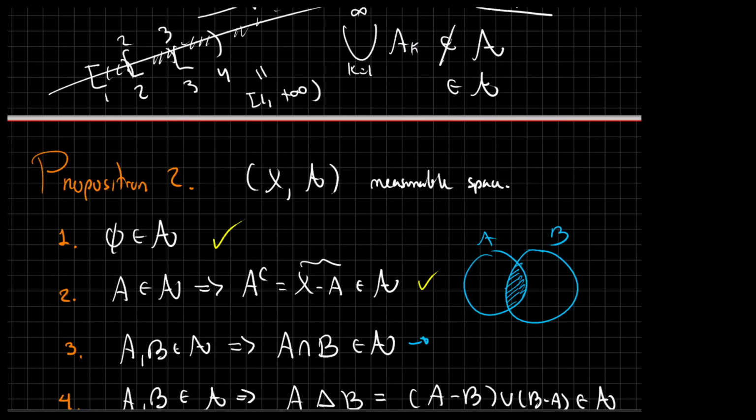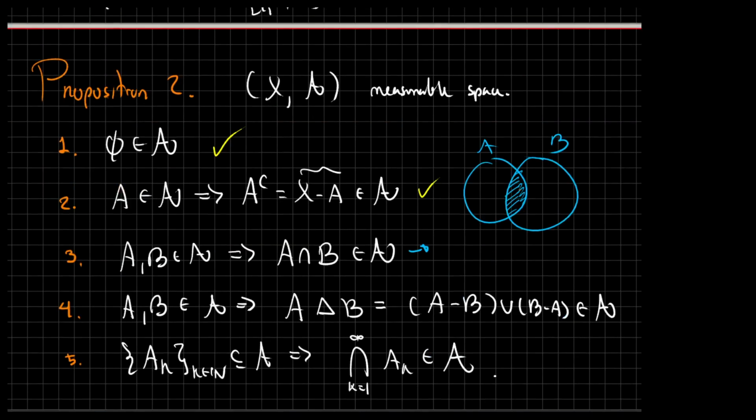So we will work with this. So this should be the difference of A and B, or some composition of A and B, and so on. So what happens if we do this?